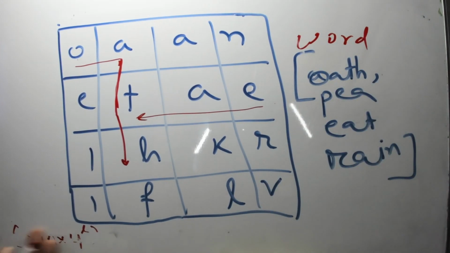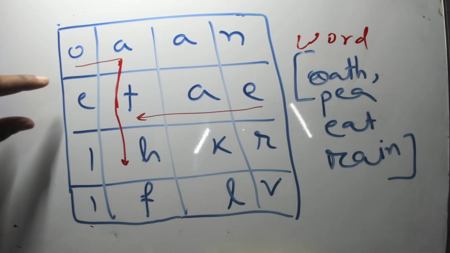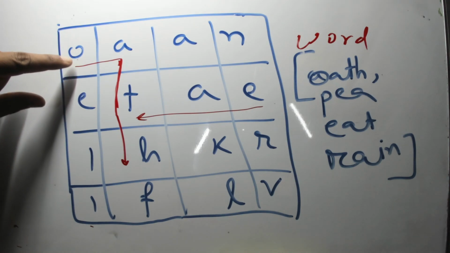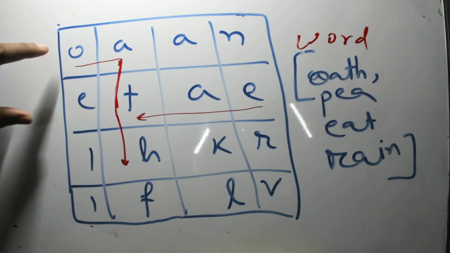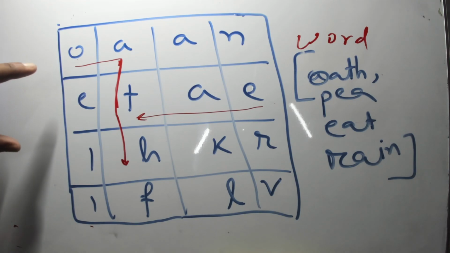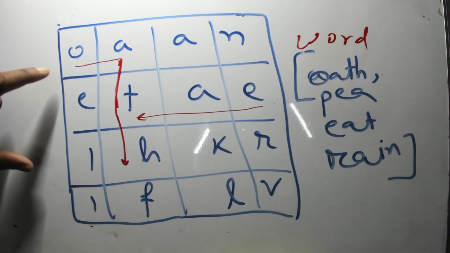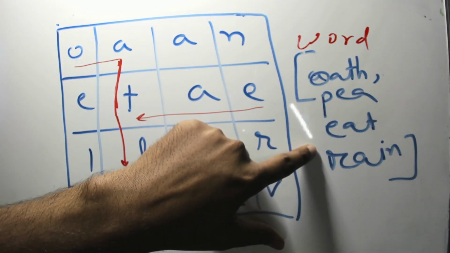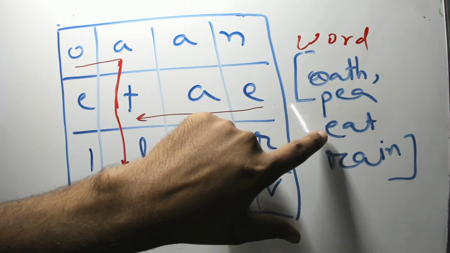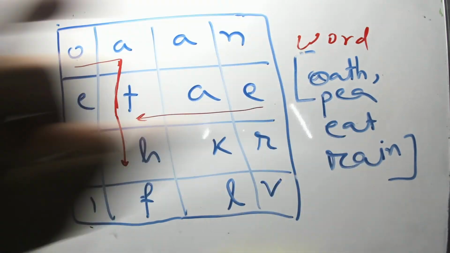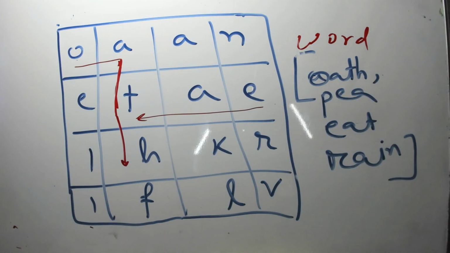So what we can do is, rather than doing it one by one, we need to make sure that we traverse our grid just once, and somehow it should check all the words in our words array.